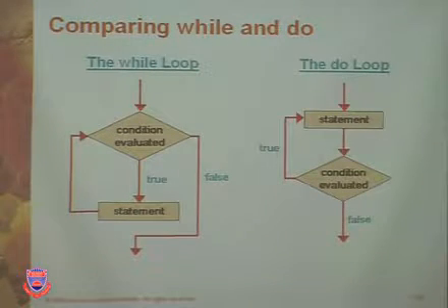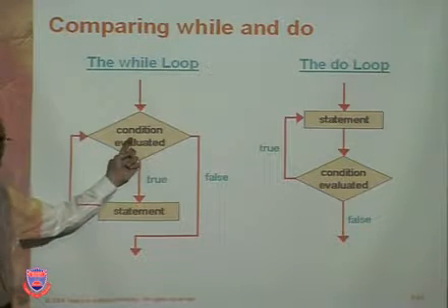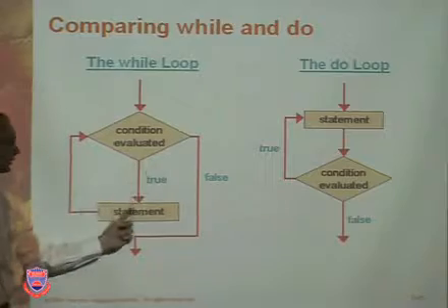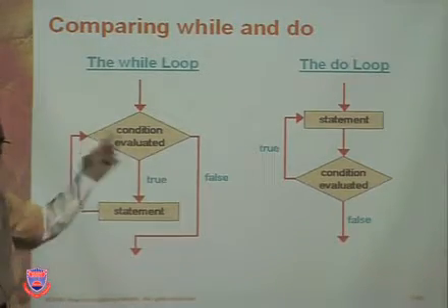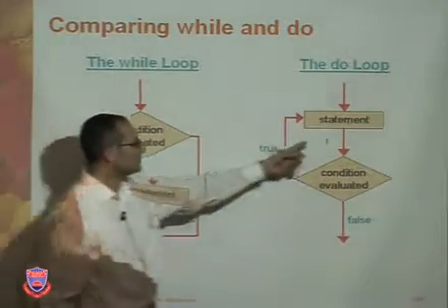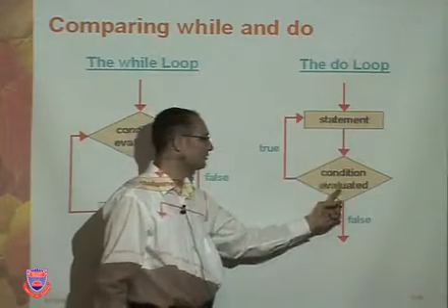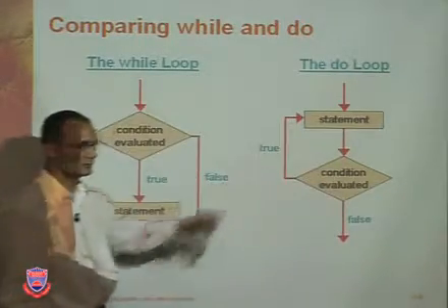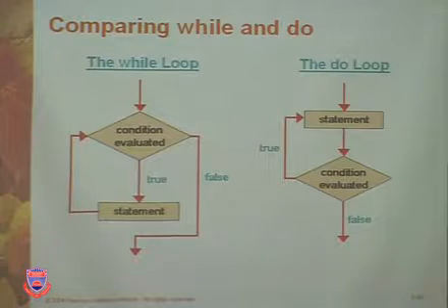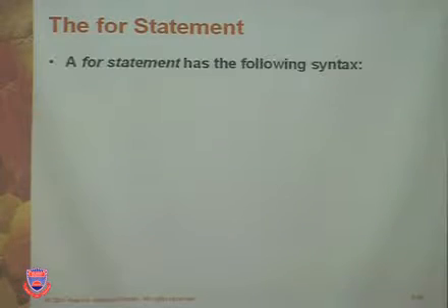So when we compare while and do loops, as you can see, in the while we evaluate the condition first and then continue with the statement if it is true, and have a loop. However, with the do loop, we have the statement first followed by the condition. If the condition is true, we continue executing within the loop. And that's basically the difference between while and do loops, as we have been repeating many times.